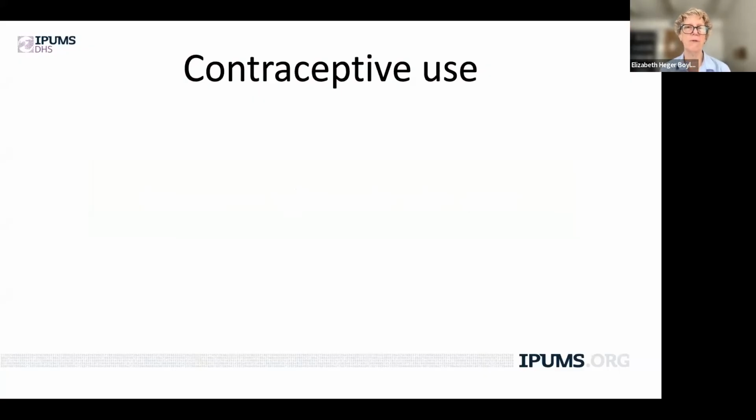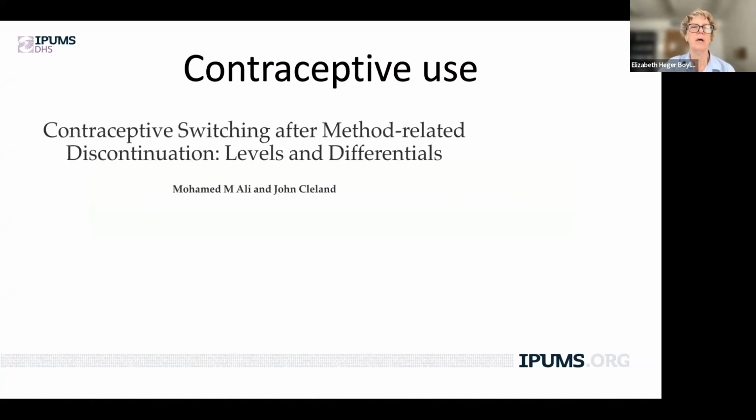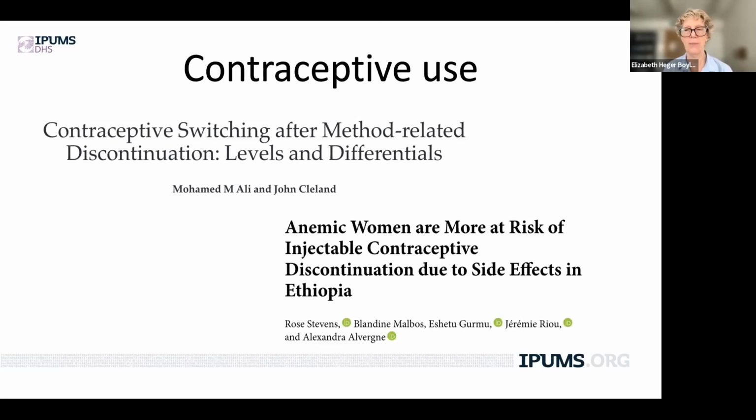Of course, reproductive calendar data is used to understand contraceptive use. So many look at issues such as contraceptive switching. Here's an article highlighted by Ali and Cleland that appeared in 2010 in Studies in Family Planning on contraceptive switching. And analysts also extensively study contraceptive discontinuation, as in this study by Stevens et al., which was also in Studies in Family Planning, that looks at how health conditions can affect contraceptive discontinuation.